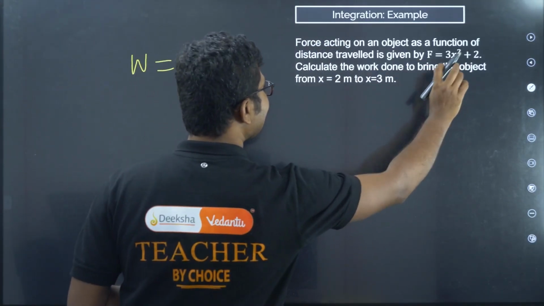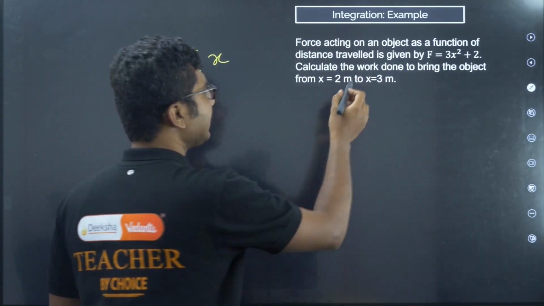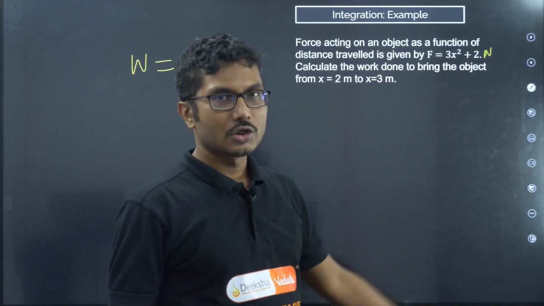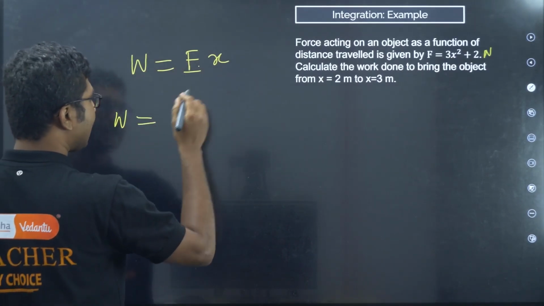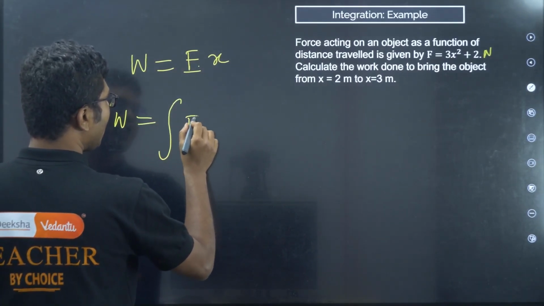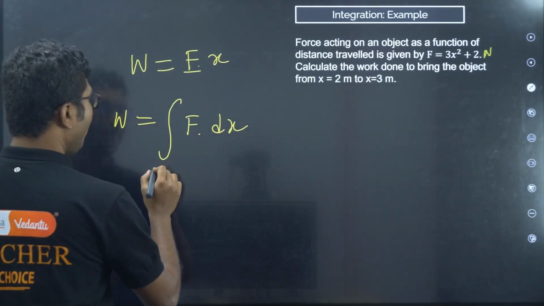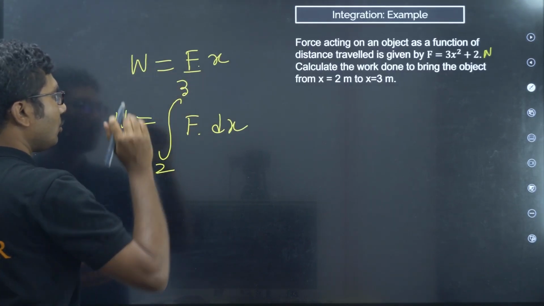Now in this case, when the force is constant, say 5 Newton, 4 Newton, 3 Newton, it is simple. But here the force is not constant, force is varying with x. So how can we find the work done? In this kind of case, we have to do integral of F dx, from starting point 2 to ending point 3.